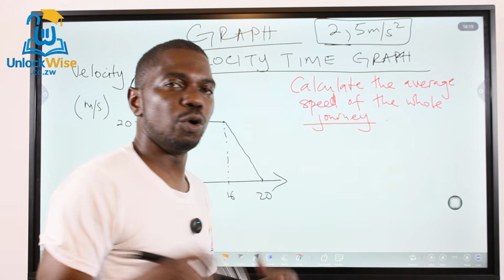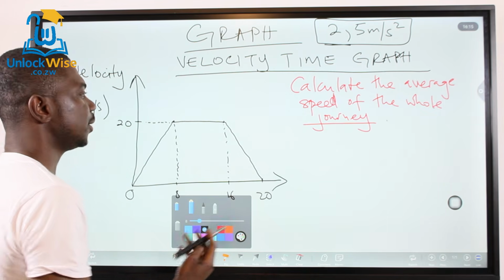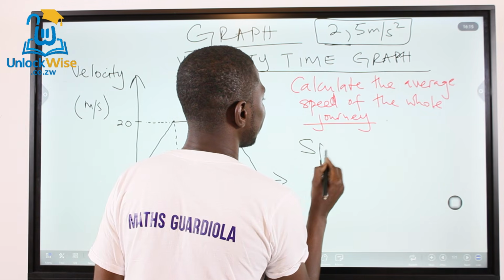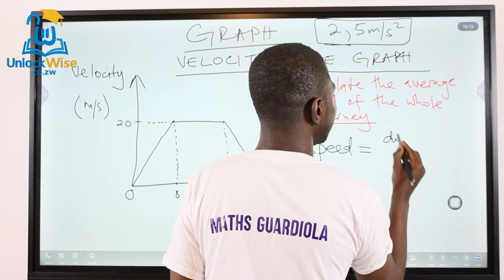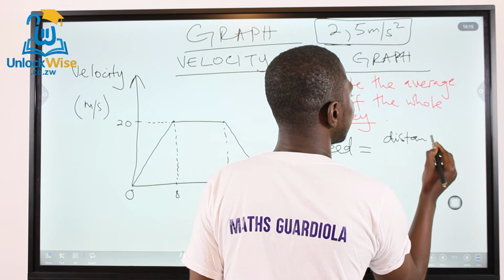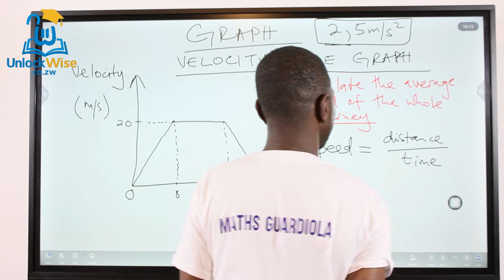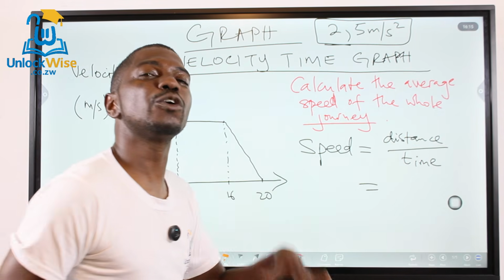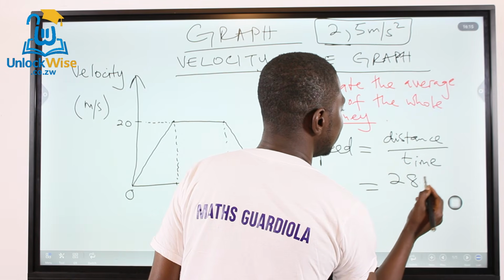Right. So from what I've already highlighted, I mentioned that speed is equals to distance over time. And we have just calculated the distance and got 280.